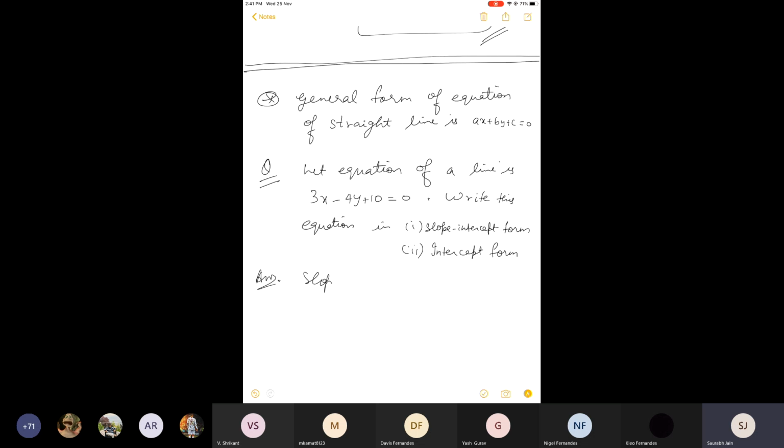Can anyone tell me how you will change this given line into slope intercept form? Because very basic steps are used here. How to change this equation into slope intercept form? If you remember slope intercept form, you can easily proceed from here.